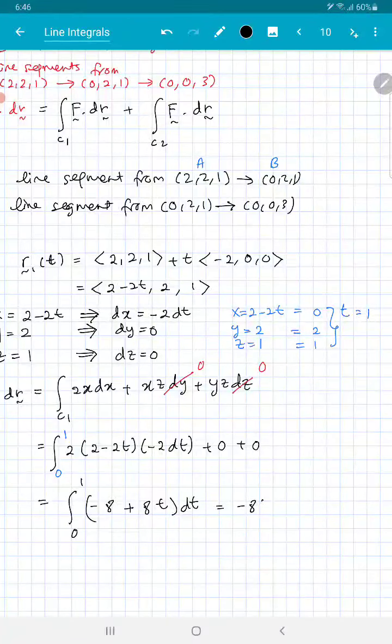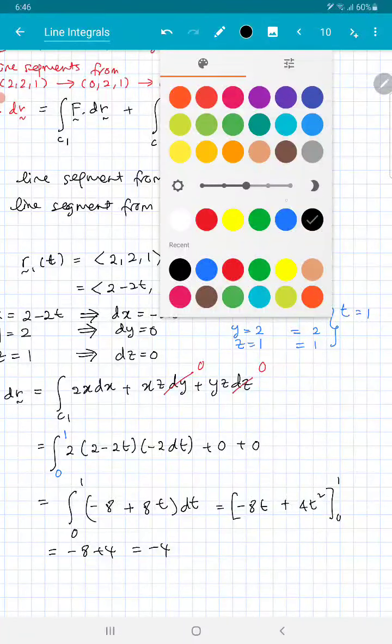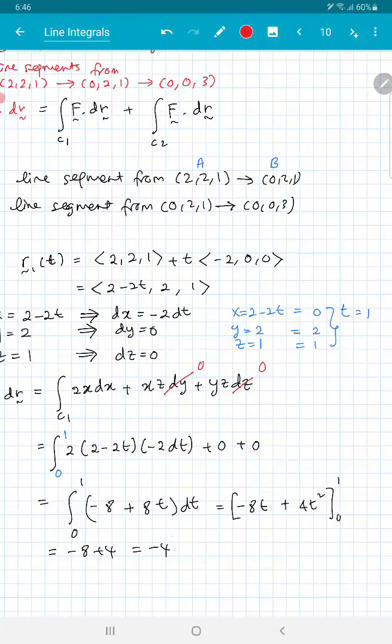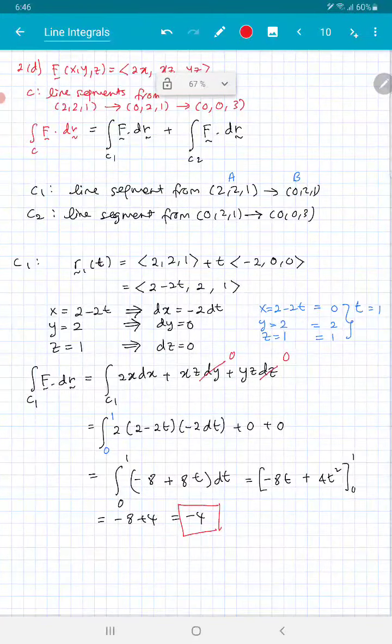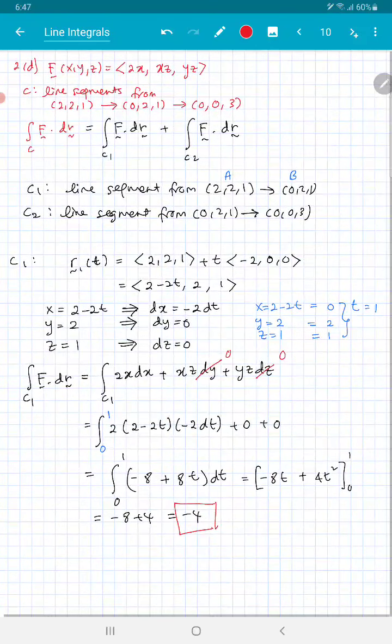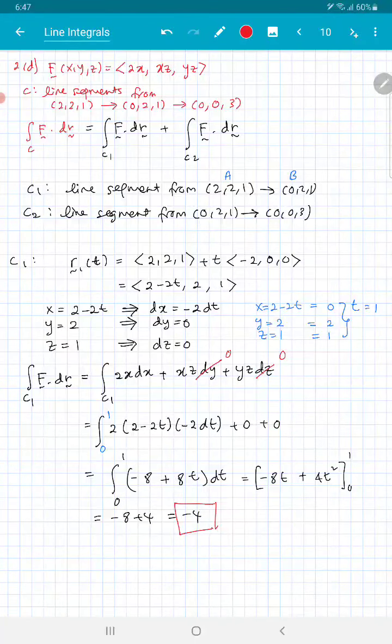So we have negative 8t plus 4t squared, t from 0 to 1, then we get negative 8 plus 4, which is equal to negative 4. So negative 4 is really the value for F dot dr, the line integral along curve C1.